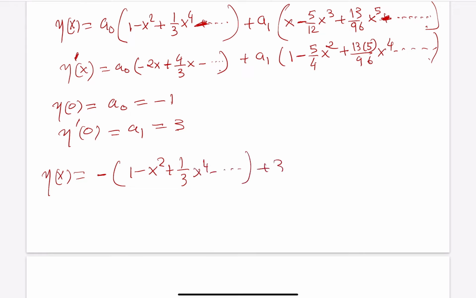And we have plus 3, parentheses, x minus 5 over 12 x to the third plus 13 divided by 96 x to the 5th and so on. That's it. That's all they ask you. That's the solution. Let me know if you have any question, any issue.